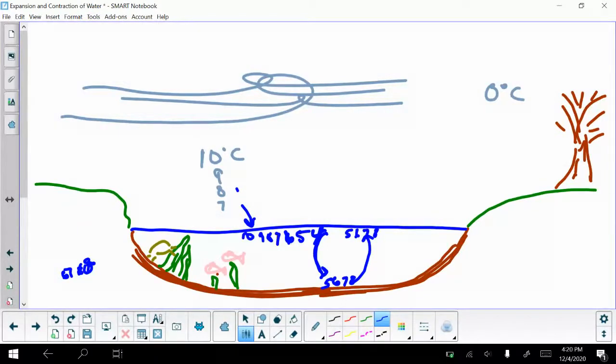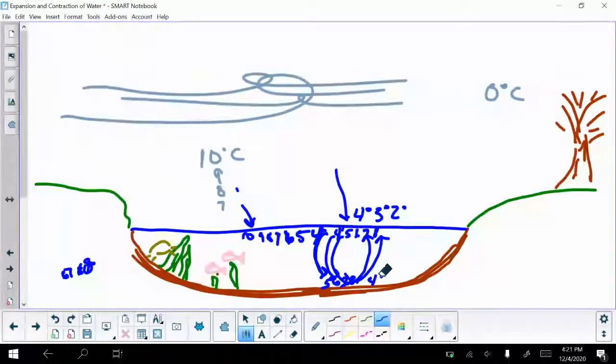If the cool weather continues to be next to the surface, so if we are at 4 degrees outside or 3 degrees or 2 degrees or below freezing temperatures, that means that this 5, 6, 7, 8-degree water will start to cool, and it will become 4 degrees again, and the 4-degree water will start to sink, pushing up this 5, 6, 7-degree water until that 4-degree water brings that 5, 6, 7, 8-degree water down low enough that it becomes cold enough.